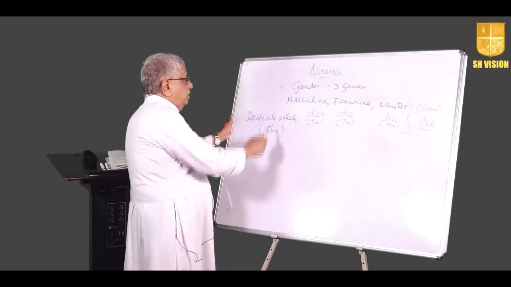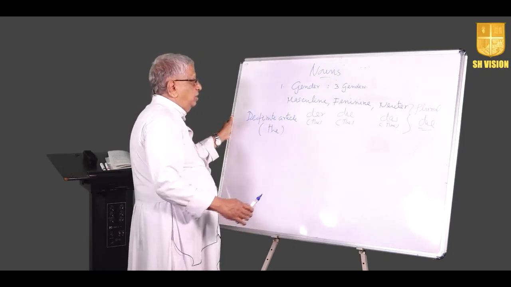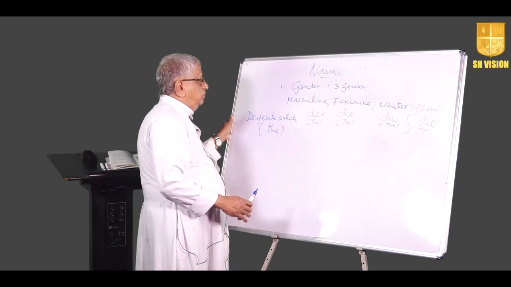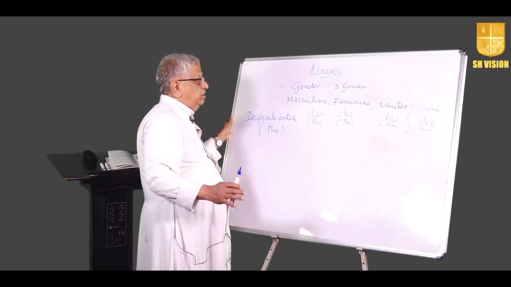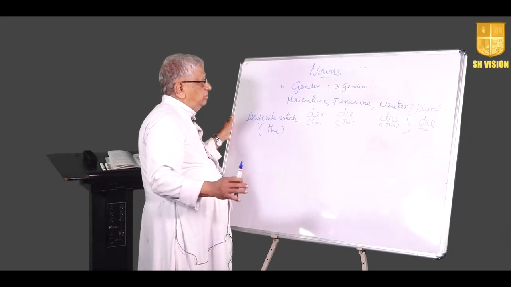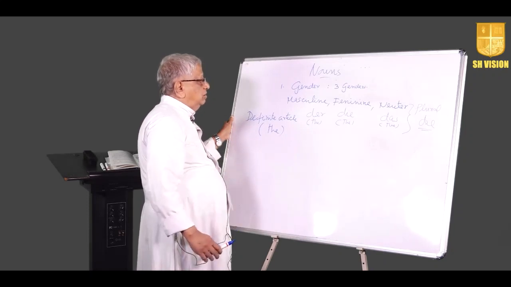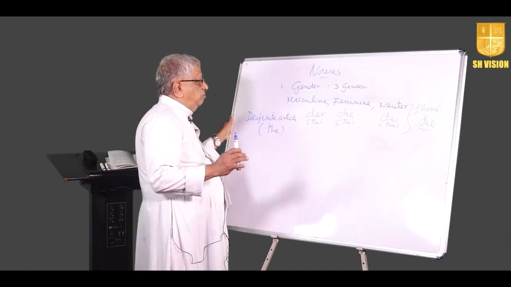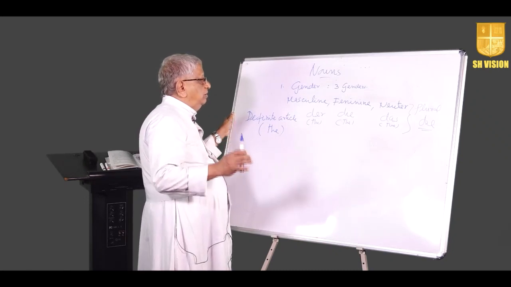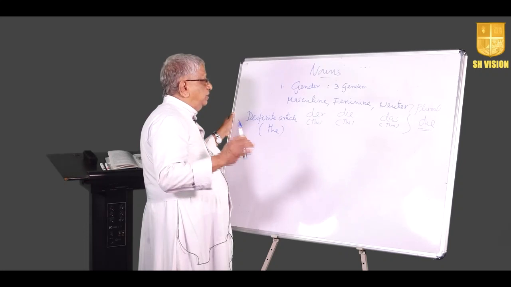So we are talking about gender now. Remember, we have 3 genders in any language, also in German: masculine, feminine, and neuter, which is designated by the definite article.